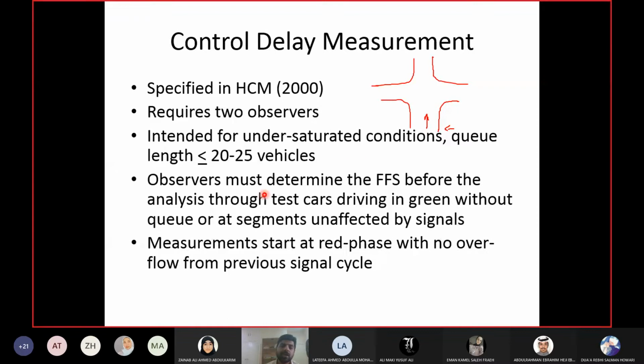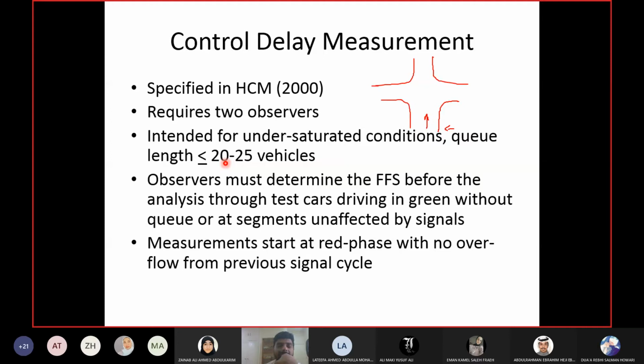The first condition is to count how many vehicles are in the queue at any particular time when the signal is red, how many vehicles are stacked in the queue because of the signal. If the number is more than 20, at maximum you can go up to 25, but if the number is less than 20, it is the ideal case.